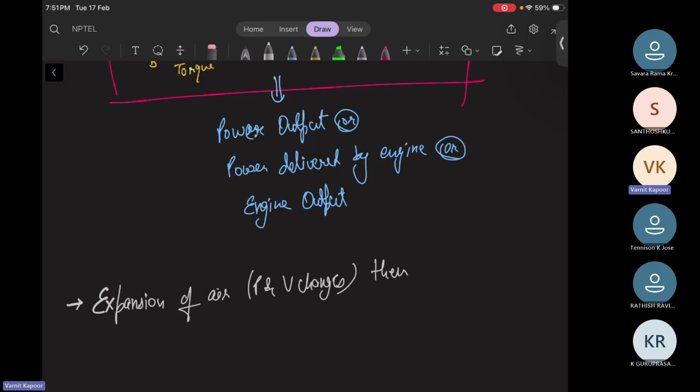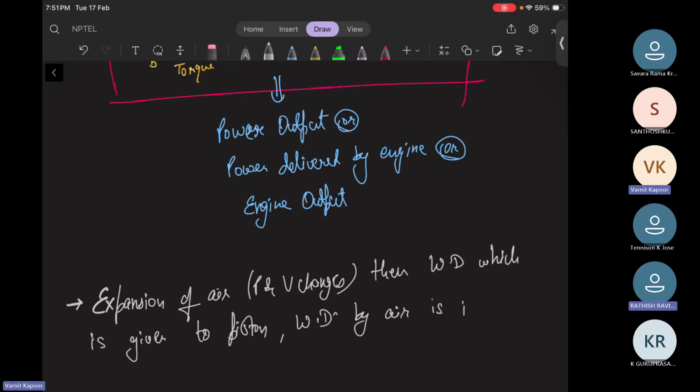Then the work done which is given to the piston, or you can say work done by the air, is indicated work done.